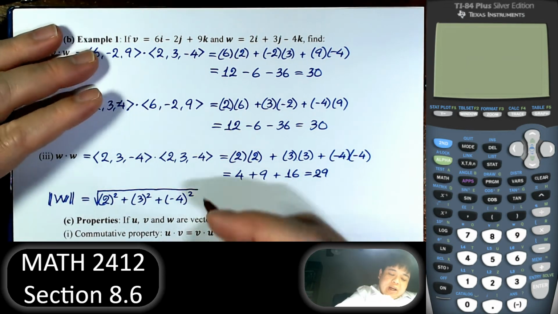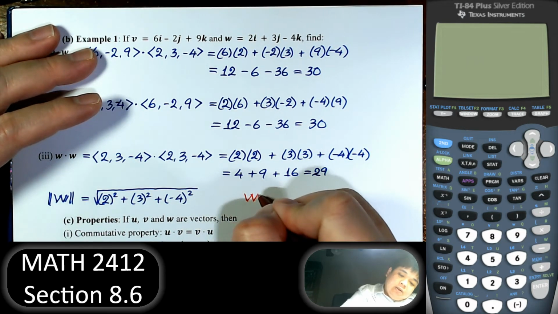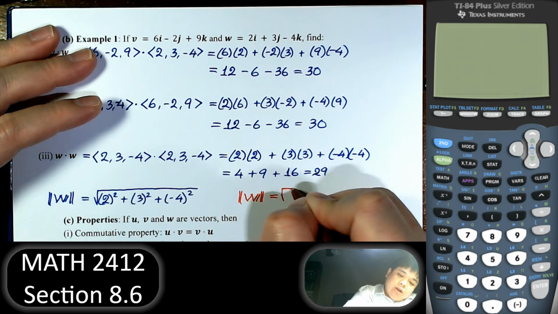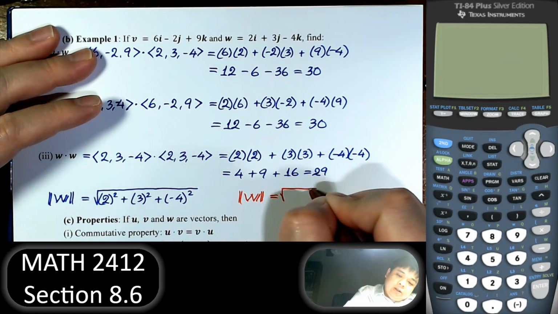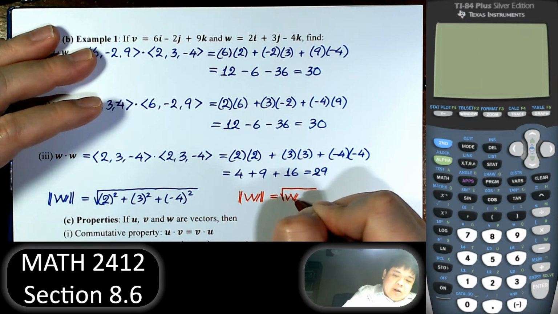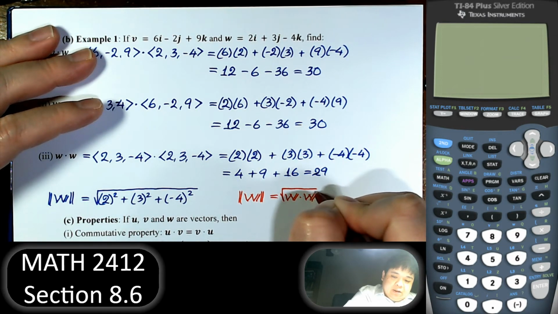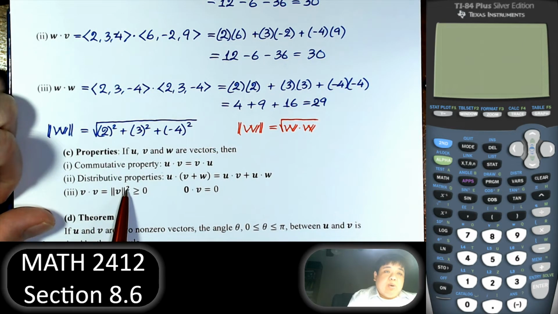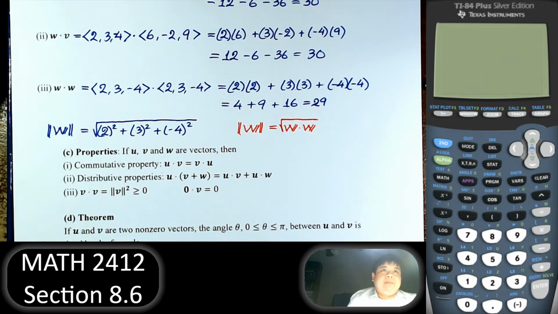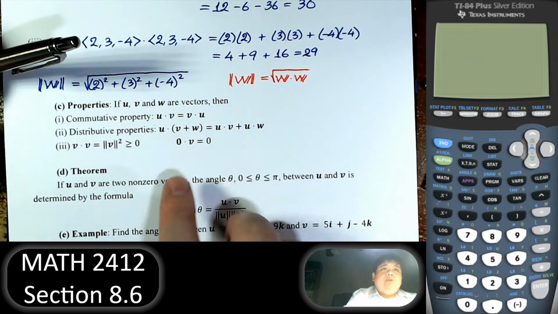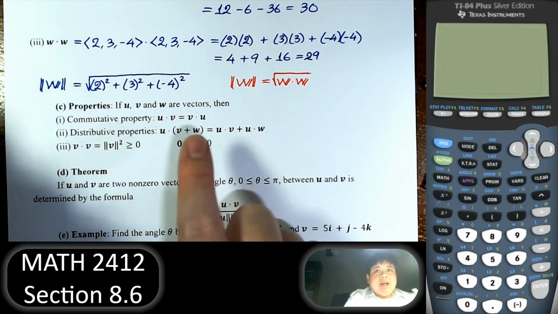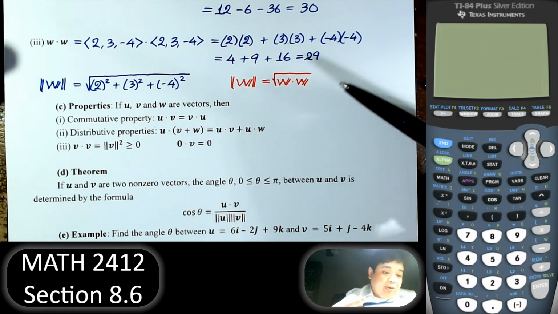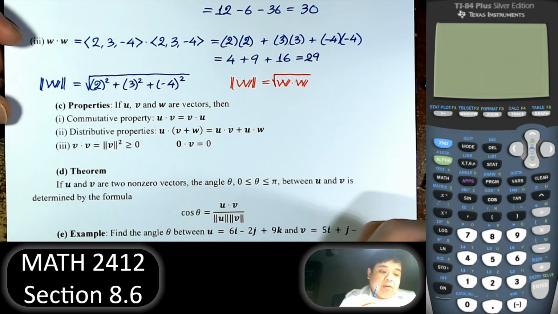So we can say the magnitude of the vector W equals the square root of the dot product of W by itself. Or later on, we write that the dot product is equal to the square of the magnitude. Of course, all of these properties we have in 2-dimensional vectors will be the same for higher dimension vectors.